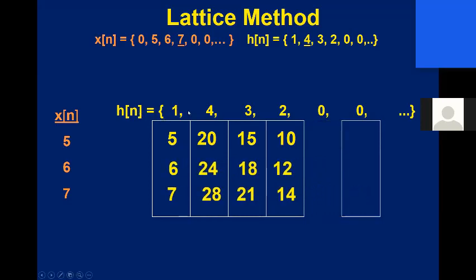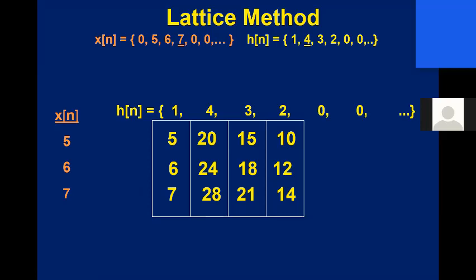So we'll put maybe h across the top and x down the side, or x across the top and h down the side, whichever way you want to do it. But I don't need so many columns. I just multiply the x value times the h and put that in a row. The next x value times the h, put that in the next row. So all the rows line up on top of each other.